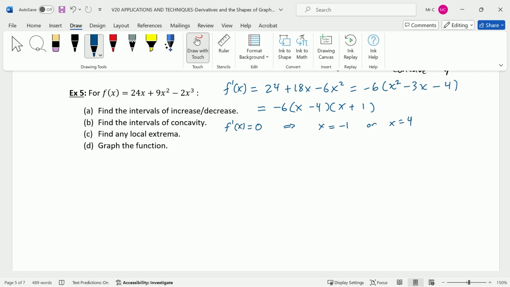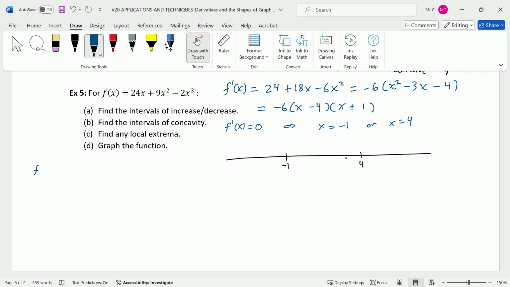Okay, so for our intervals of increase and decrease, let's go ahead and draw our number line. So we're concerned with what happens on each of the intervals around -1 and 4. And so now we just need to plug into our derivative some x values in these intervals.